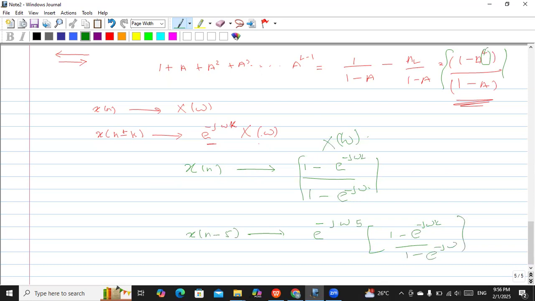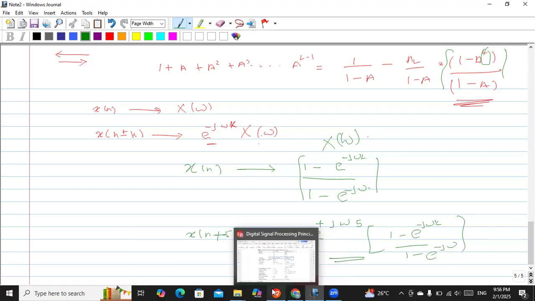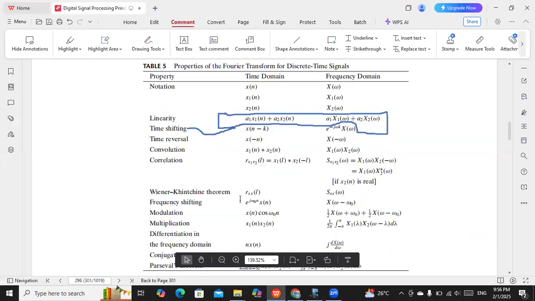And if you ask to find x[n plus 5], then this will be plus. So you no need to find it at the beginning. You can simply multiply X(omega) by plus or minus j omega k. That is simple. So that is the time shifting property.